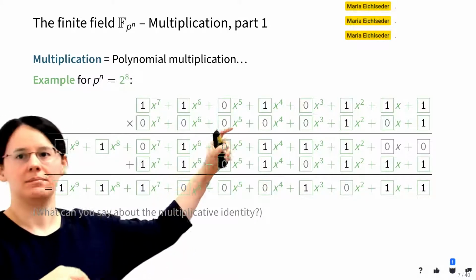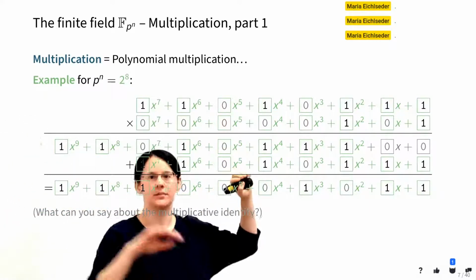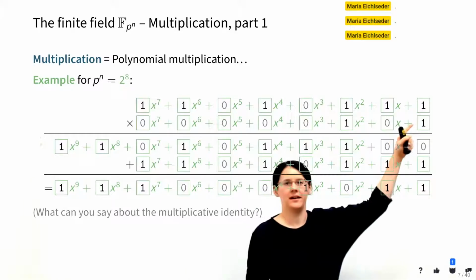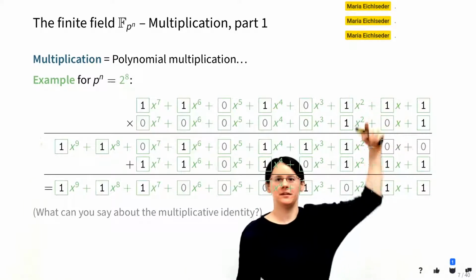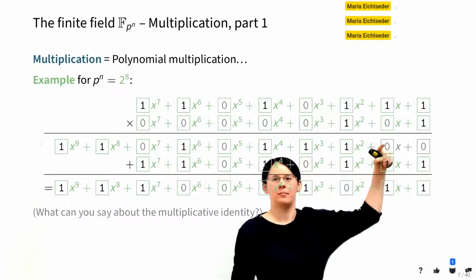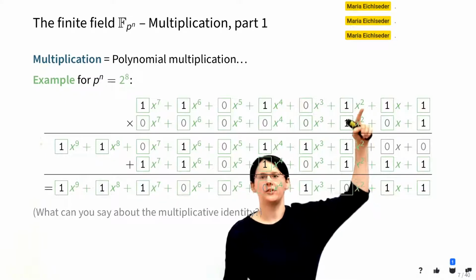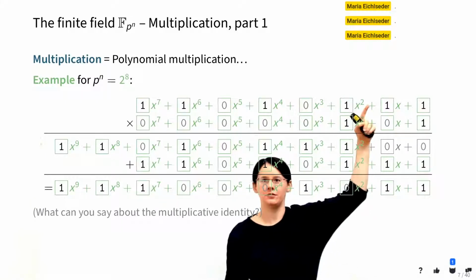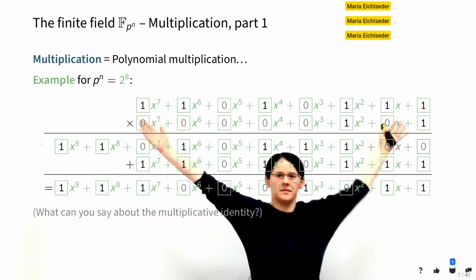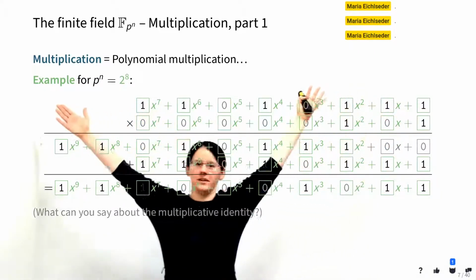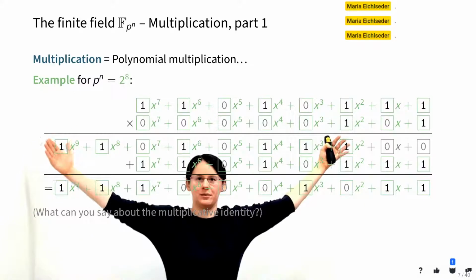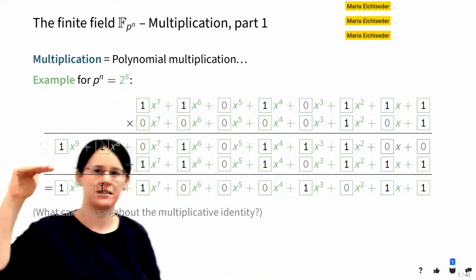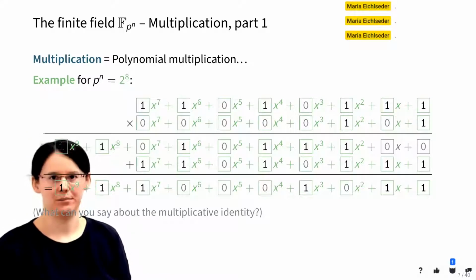For writing it down, I first multiply 1 times the top thing, plus x squared times the top thing, where x squared times this is simply shifting it 2 positions to the left. This is exactly what we have down here. And we XOR this together. This is normal polynomial multiplication.